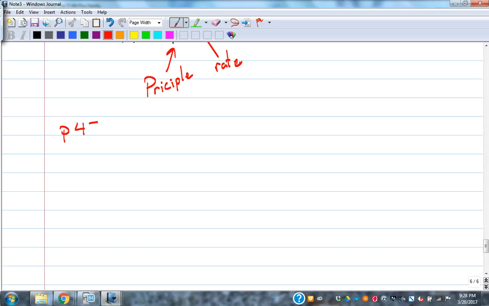You don't even have to read this example to do the problem. So it's page 452, example 2. That's where I'm pulling all this information from. Basically, what it says is it's 3% interest.